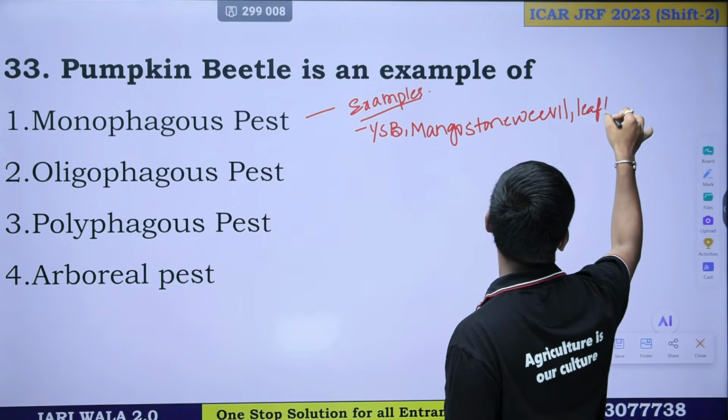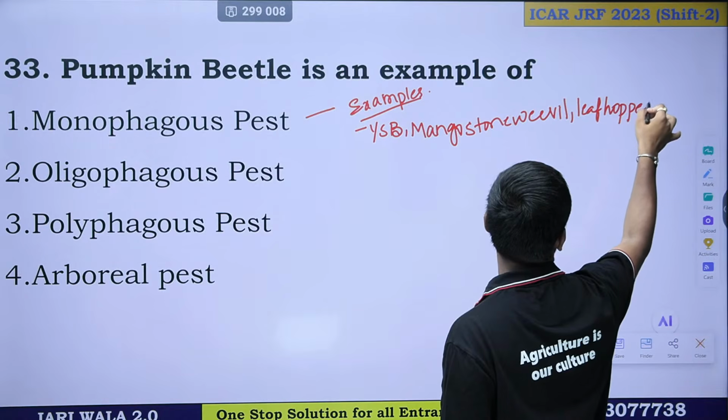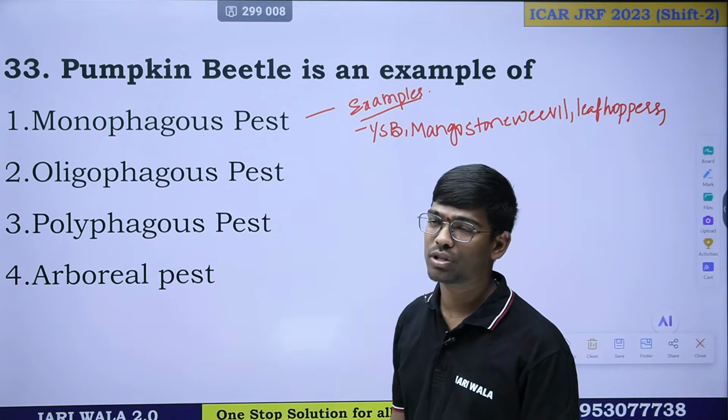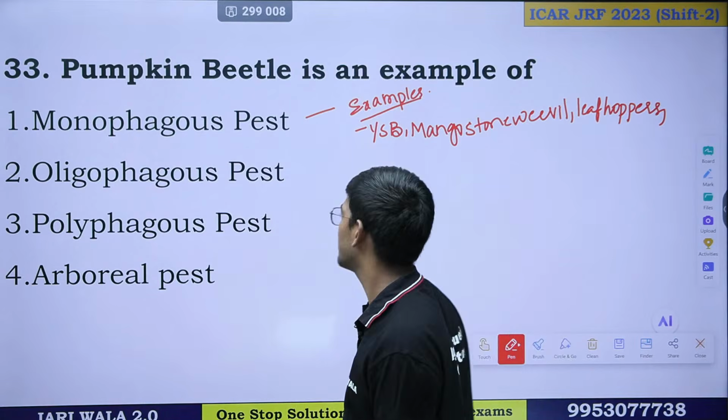In the case of banana, we have the banana pseudostem weevil and banana rust thrips.